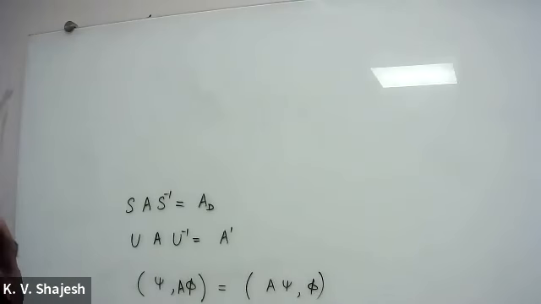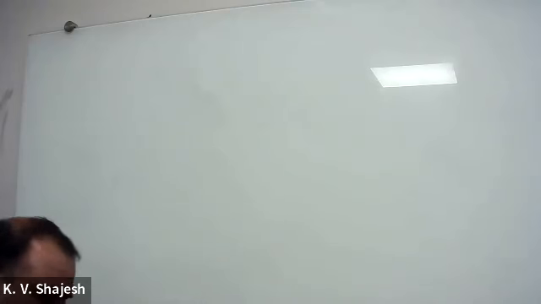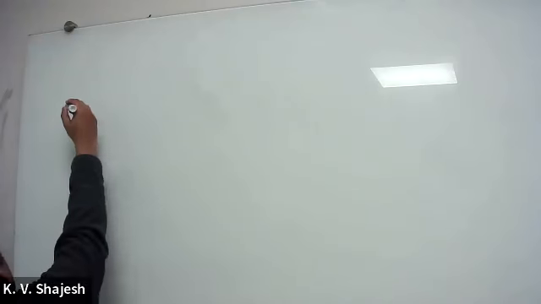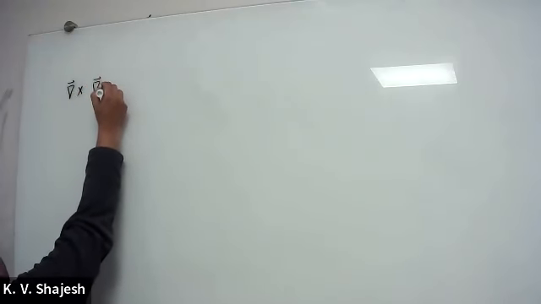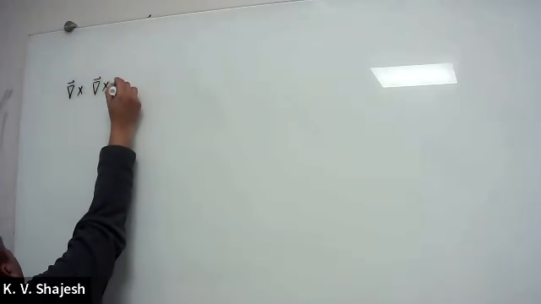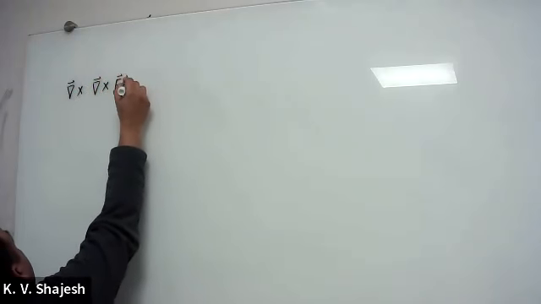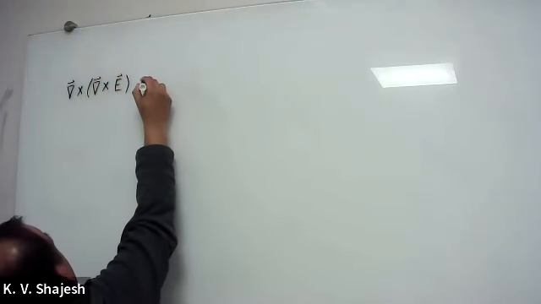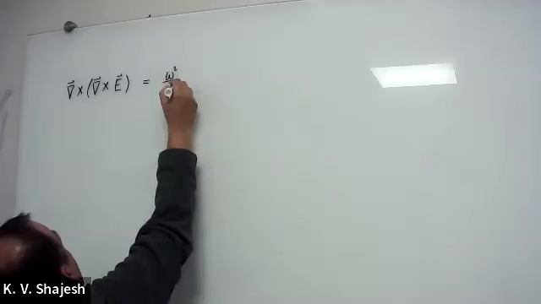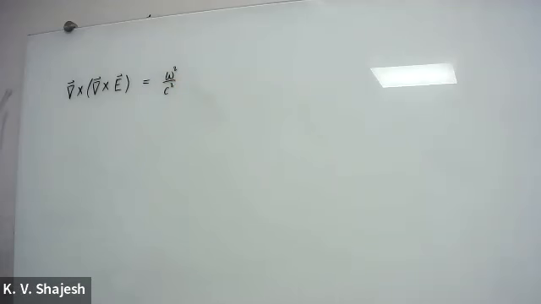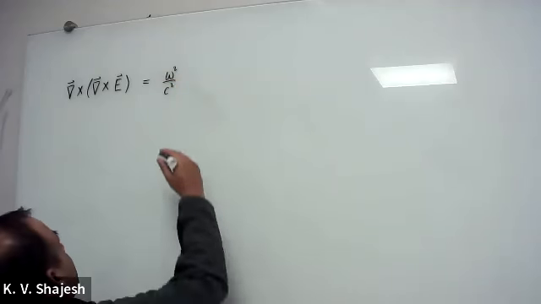So I have del cross E. It is R omega. That's equal to omega squared over C squared. I want to pull out the source part separately.